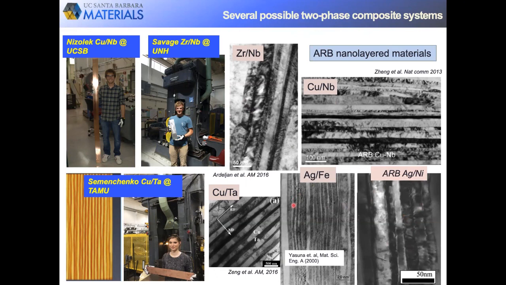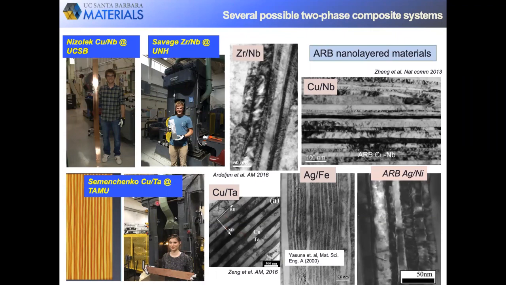In all these cases, the reason they worked is that the metals being joined are formable, and they also have similar behavior at the rolling conditions. And they're both immiscible.